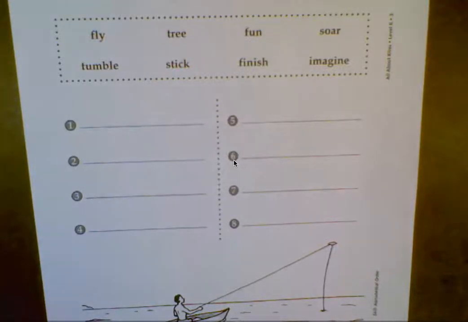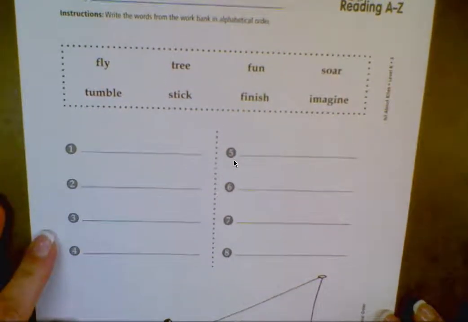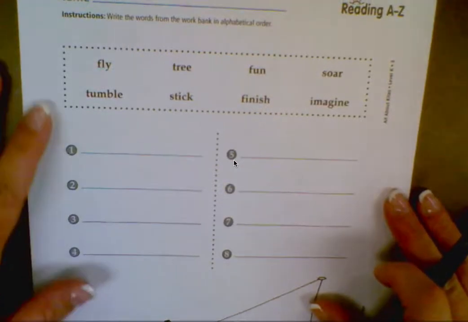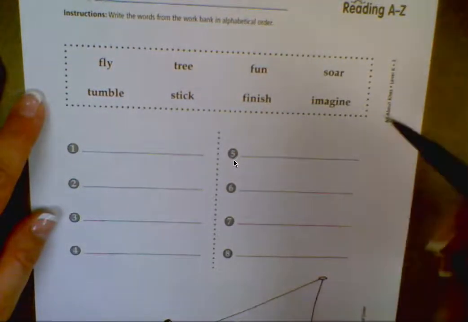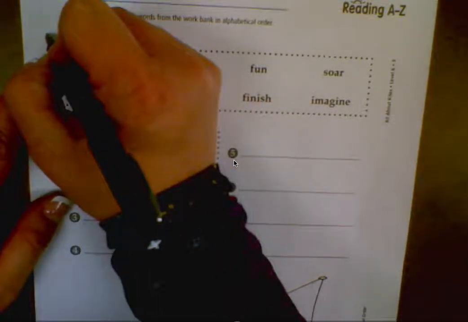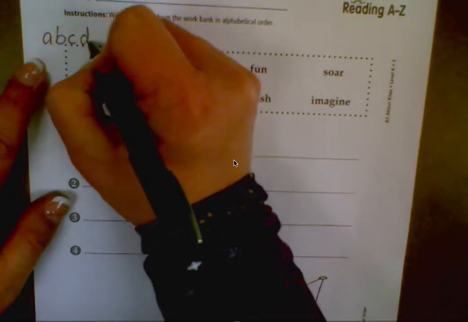So the first thing that I'm going to do, because I'm not at school and I don't have an alphabet on the wall for me to look at. Maybe you have a chart at home or something you can look at, but if you do not, then it's going to be helpful for you to do the following thing, which is write your ABCs at the top of your paper or right at the top of this chart. So I'm going to write all my letters.